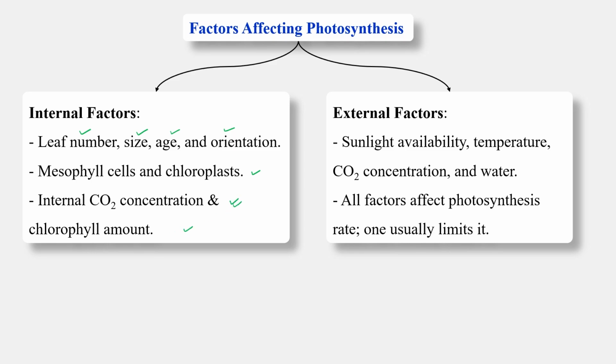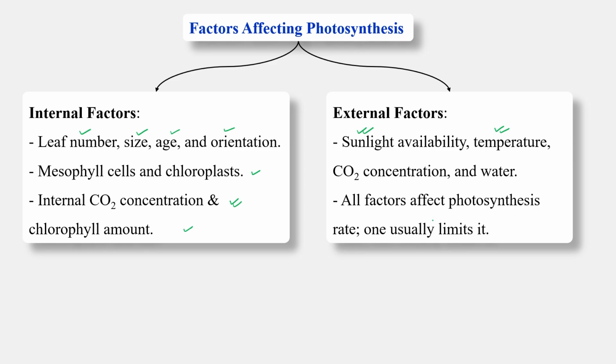External factors are like sunlight availability, temperature, carbon dioxide concentration, and water. All these factors affect the photosynthetic rate.